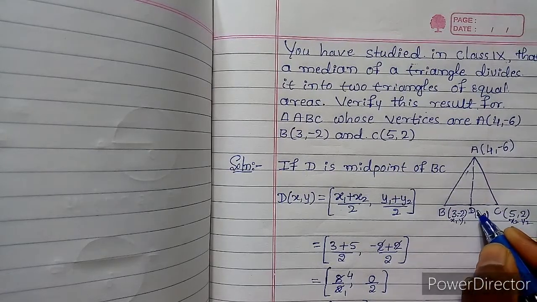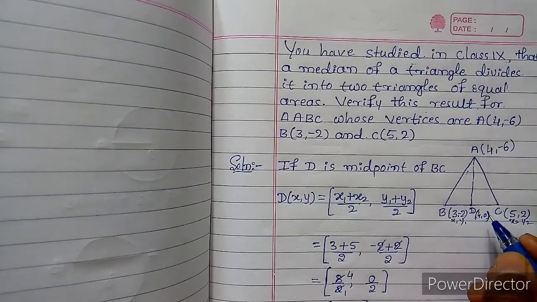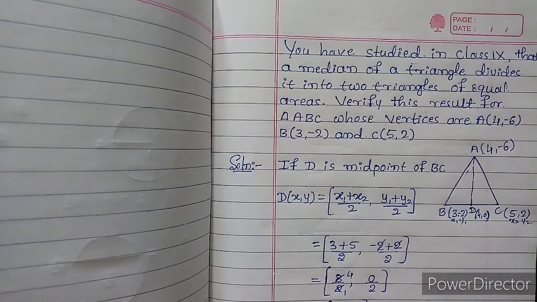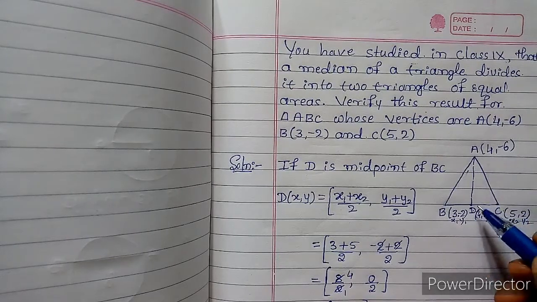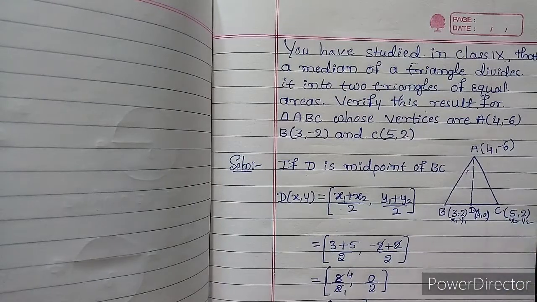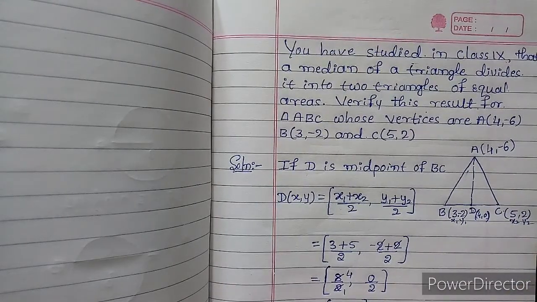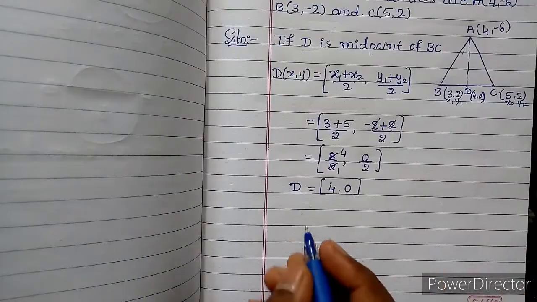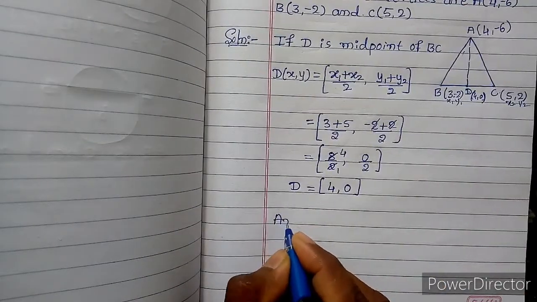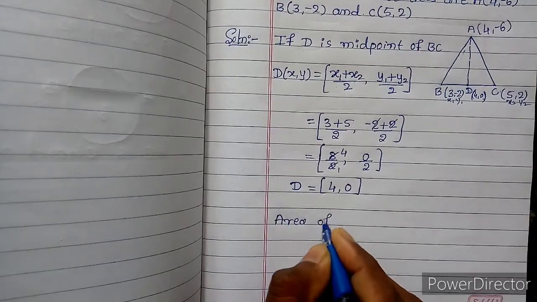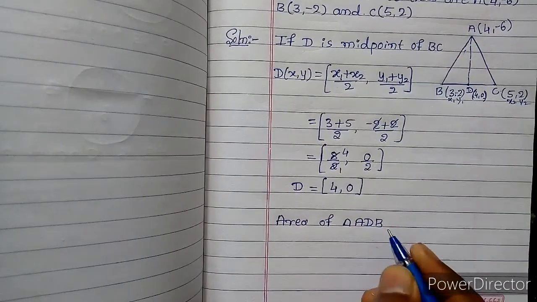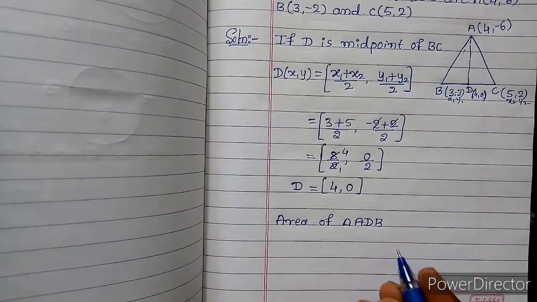Then by using the formula of area of a triangle, we have to find the area of triangle ADB and the area of triangle ADC. First we have to find the area of triangle ADB.